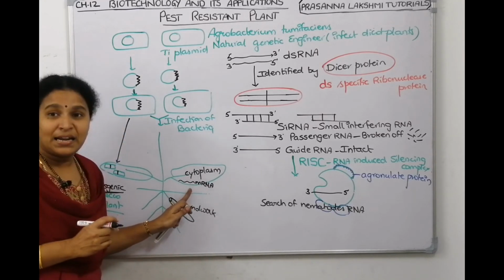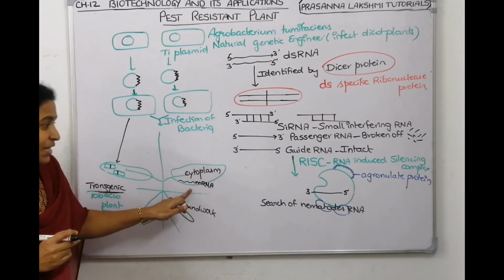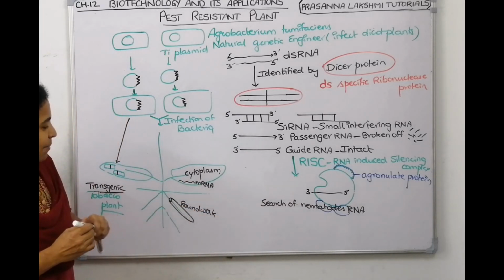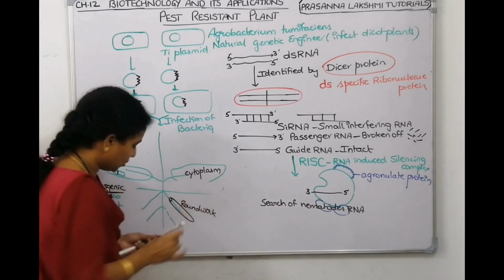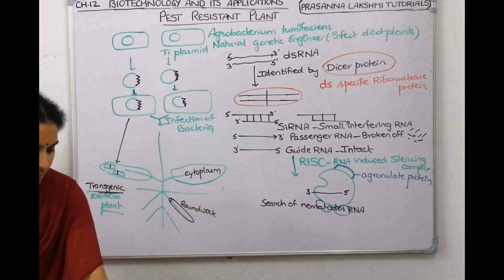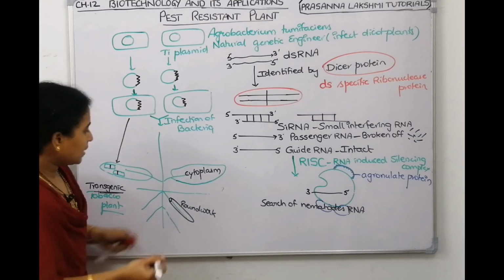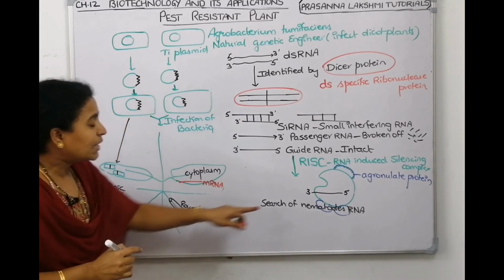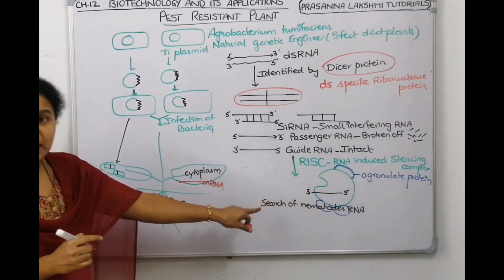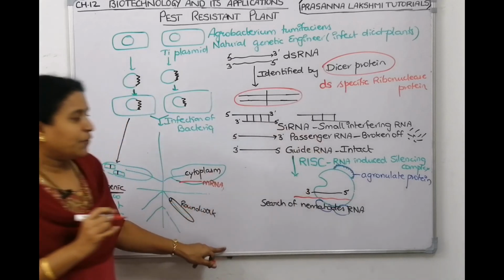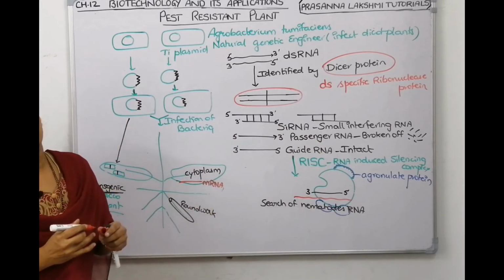Now, this mRNA, which is single stranded, is being found by this. This is the roundworm's mRNA. If the RNA induced silencing complex with the guide RNA finds the nematode RNA, it takes the nematode RNA.